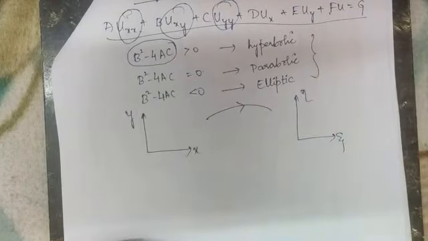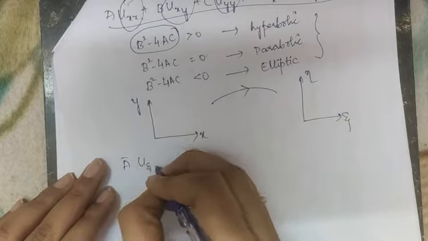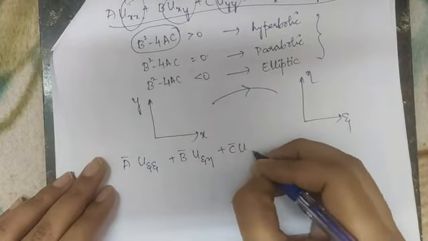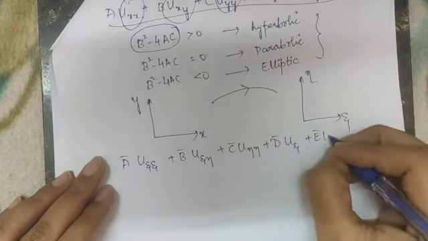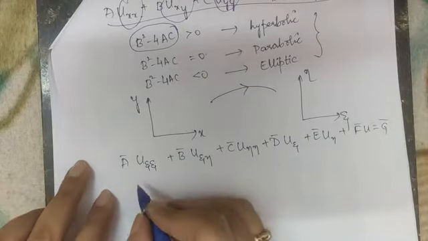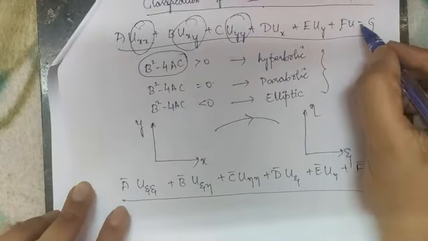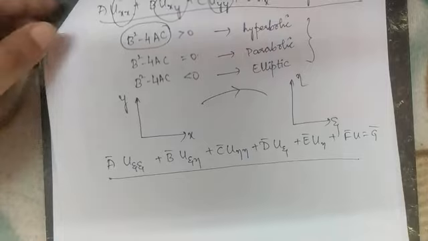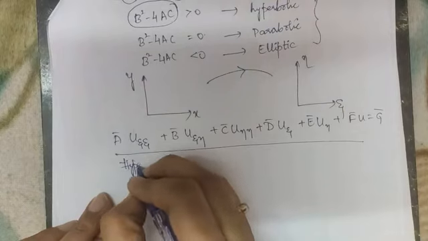After simplification, you will get one more equation of the form a bar u_xixi plus b bar u_xieta plus c bar u_etaeta plus d bar u_xi plus e bar u_eta plus f bar u is equal to g bar. This equation is nothing but the transformation of your first considered equation. This is what we saw in the last class, and we also discussed the derivation part of the hyperbolic equations.